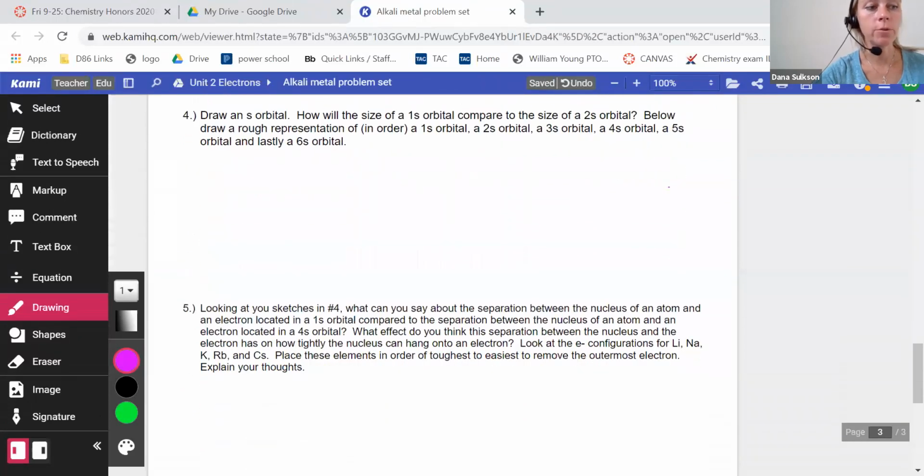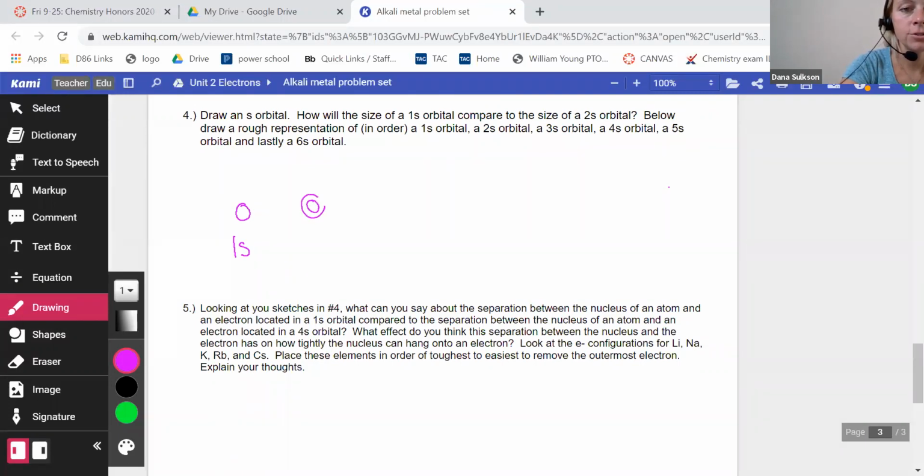All right, we've got 4. Let's take a look at number 4. Discussion number 4 reads, draw an orbital. How will the size from 1s orbital compare to 2s orbital? And below, draw a rough representation all the way up through 6 energy levels. So I'm going to draw 1, and again, because I'm inking it, I apologize that this is so sloppy.